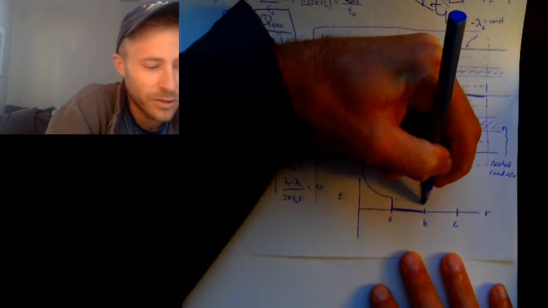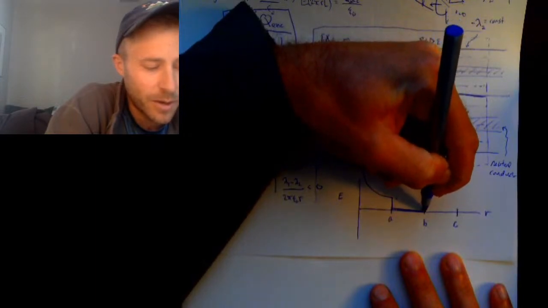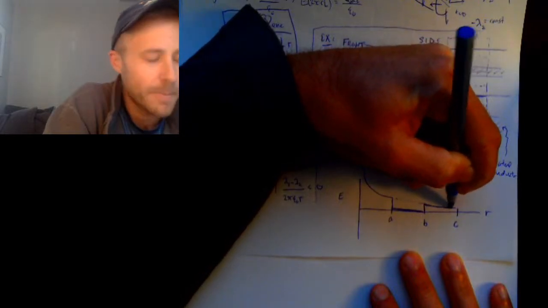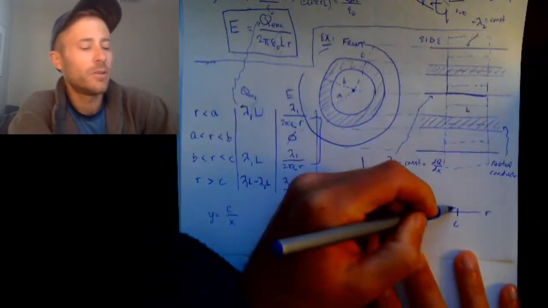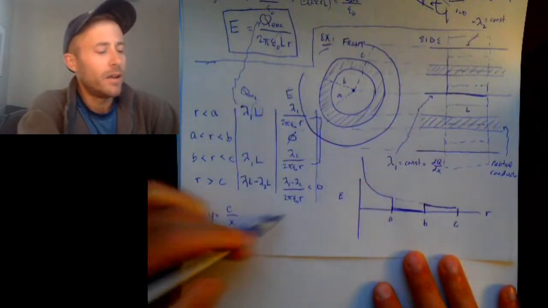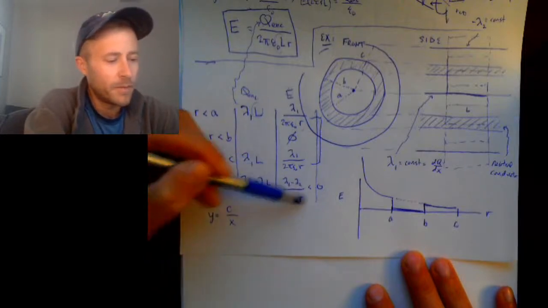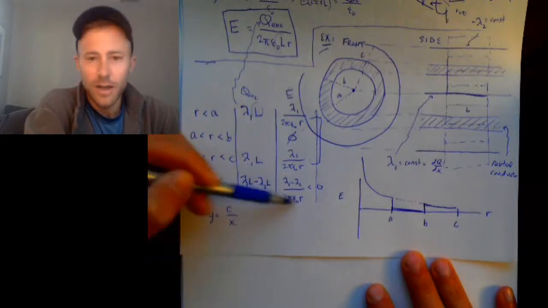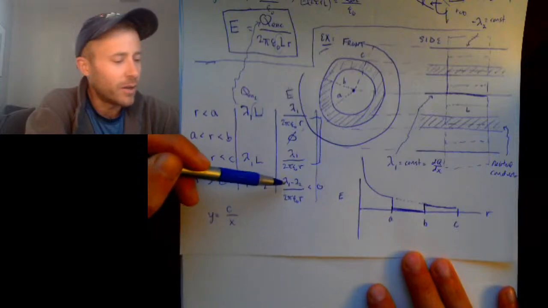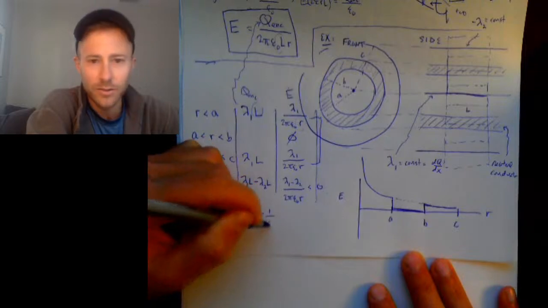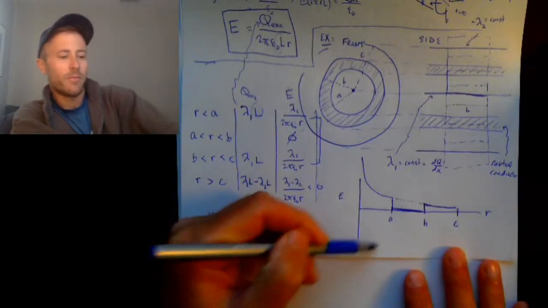Notice how I draw a dashed line here and just continue the pattern, until we get to C. Then again, we get a 1 over x type graph, but now the constant is negative, so it's going to look like negative 1 over x, which comes up from negative infinity.